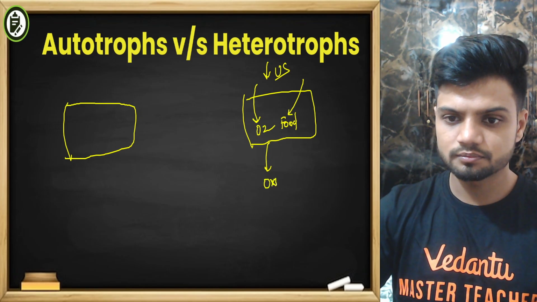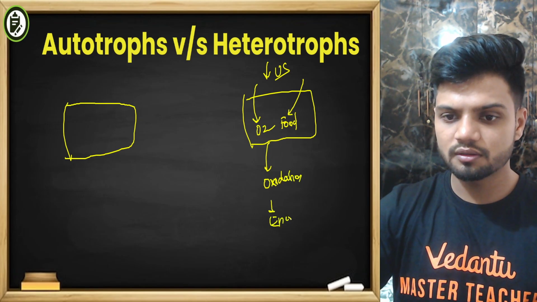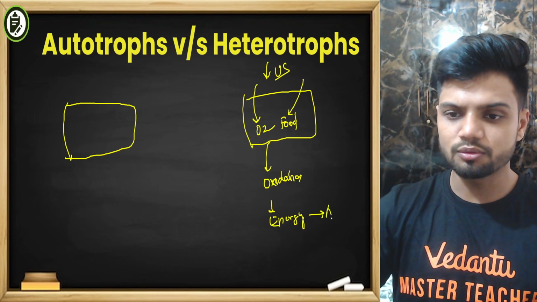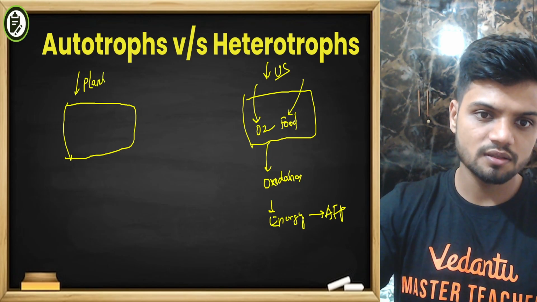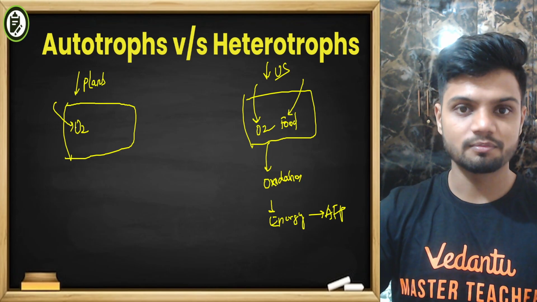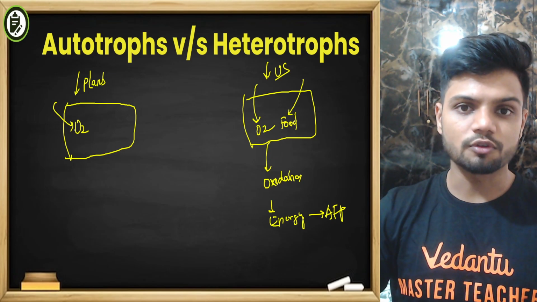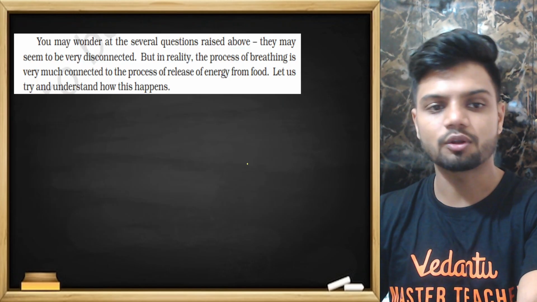Oxidation is happening, producing the energy. Energy is converted to ATP. But in the case of plants, oxygen is entering, or oxygen is produced by the plant body itself, a byproduct of photosynthesis. Right here, you can see oxygen. Plants have it already.